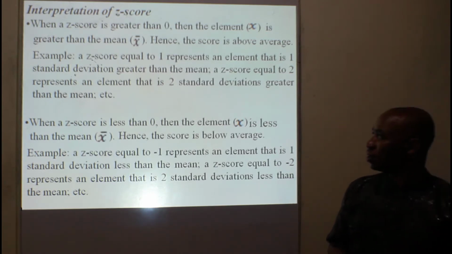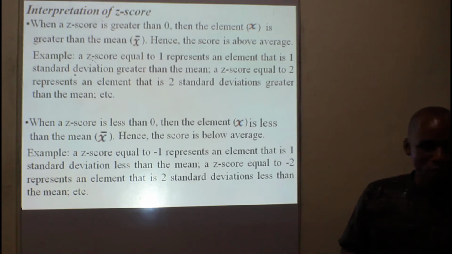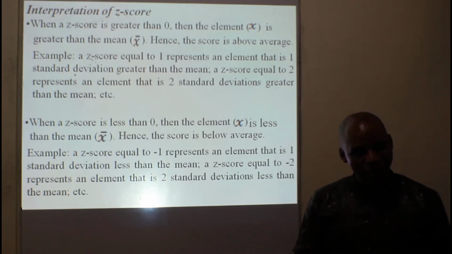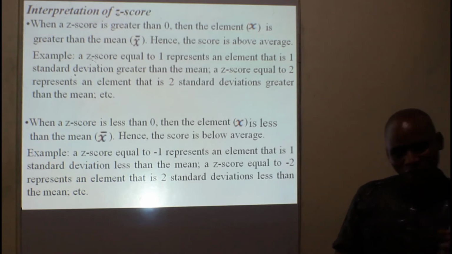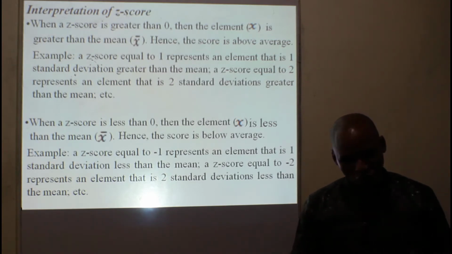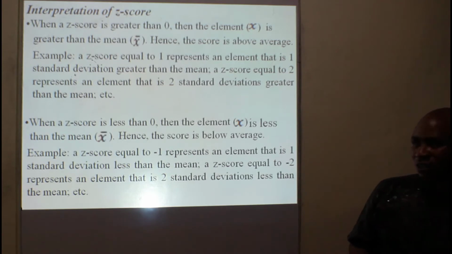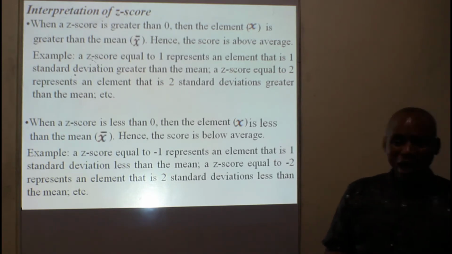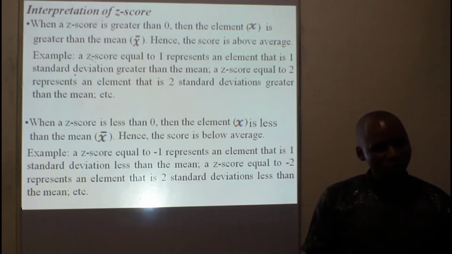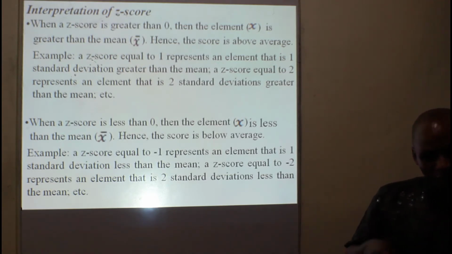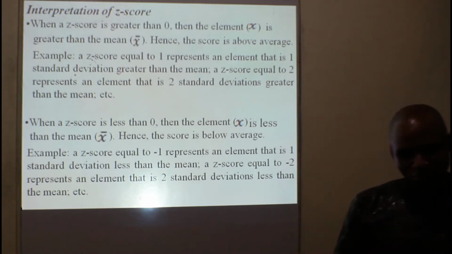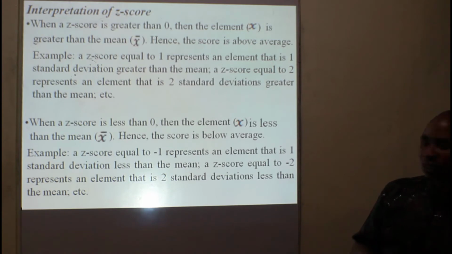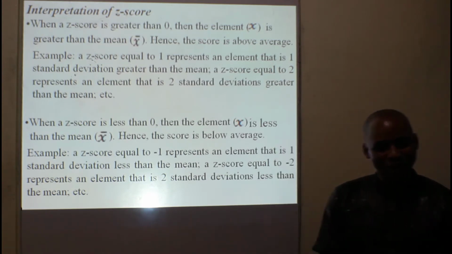Now whenever you get a z-score which is greater than 0, since on the z-score scale 0 is the mean, then what it means is that the item of which we are to determine its relative standing in the data set is an item or an element greater than the mean of the data set.